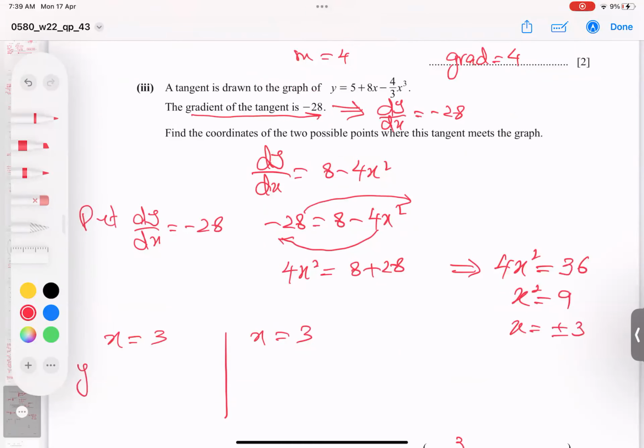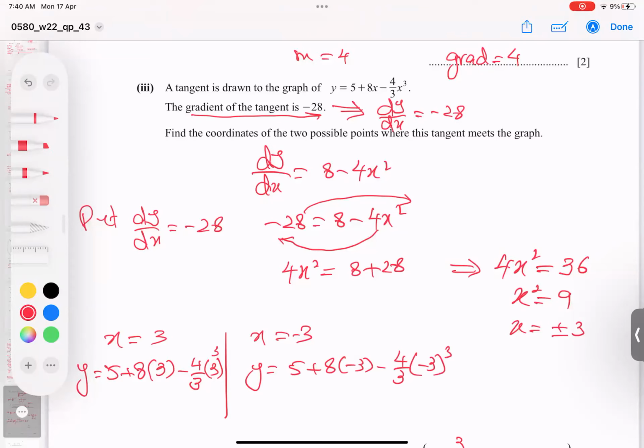So y equals 5 plus 8 times 3 minus 4 over 3 times 3 to the power 3. Same story here: y equals 5 plus 8 times negative 3 minus 4 over 3 times negative 3 to the power 3.